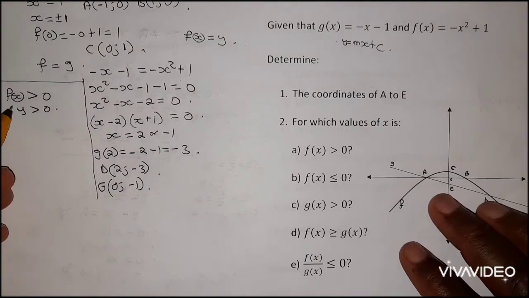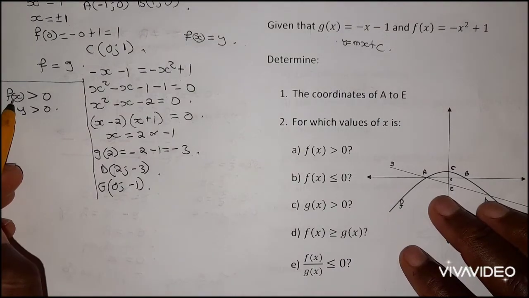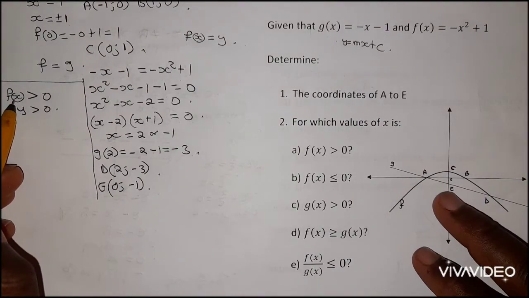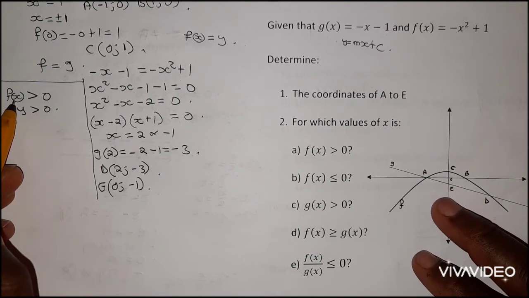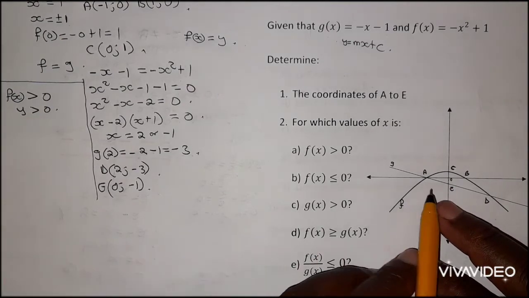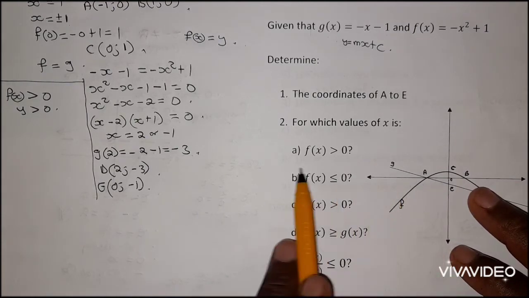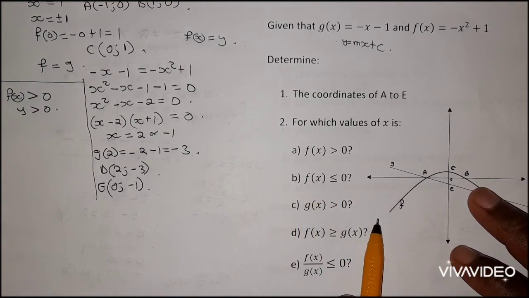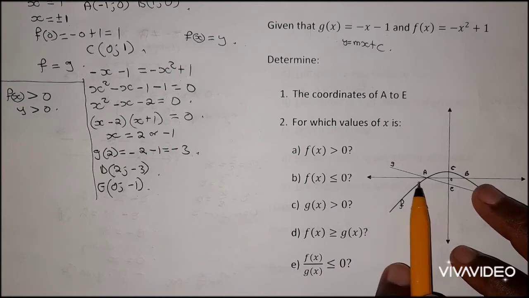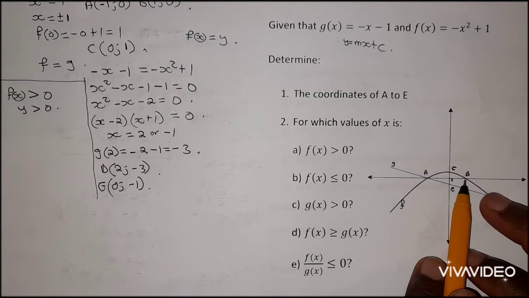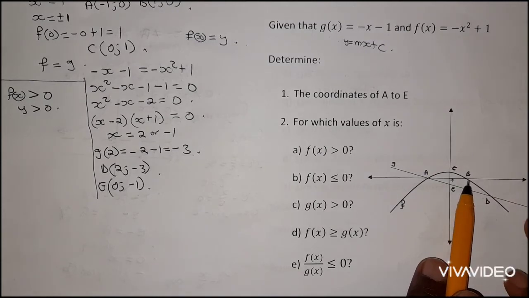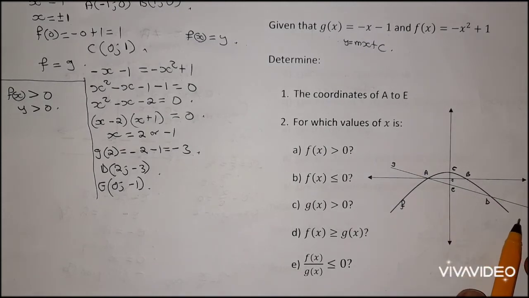So we want the values of x where f is above the x-axis. This is happening between A and B. From A going to the left, f is under the x-axis, or it is negative. From A to B, it is above the x-axis, so it is positive. From B going to the right, it is also negative.